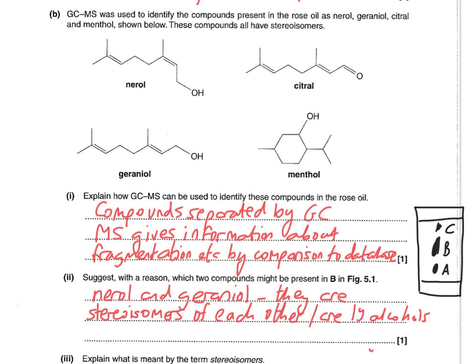So that makes me think that it would be nerol and geraniol, because not only are they stereoisomers of each other, they're also primary alcohols, and so as such will have similar degrees of intermolecular forces attracting them to the solvent. So therefore they'll tend to move up together.